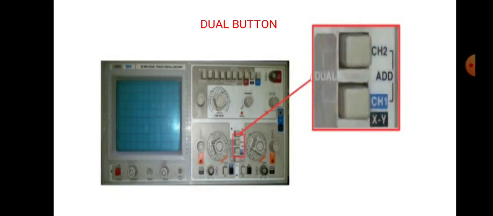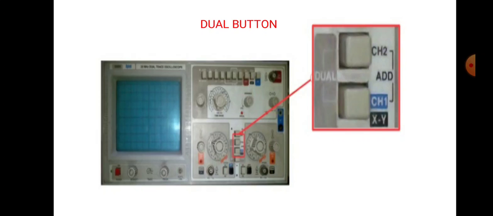Now there is the dual button. What do we mean by dual button? There are two options here. The oscilloscope has the capability to display both channel signals on the screen at the same time.